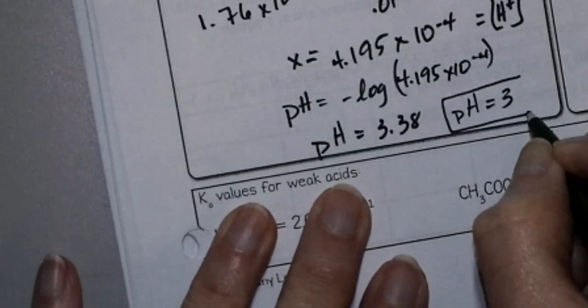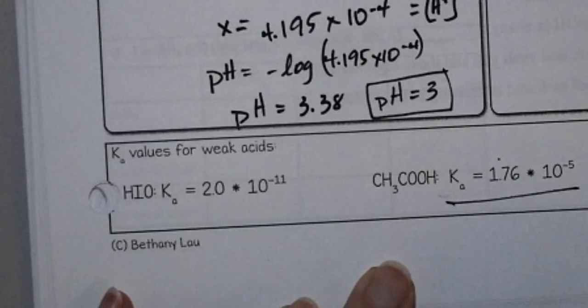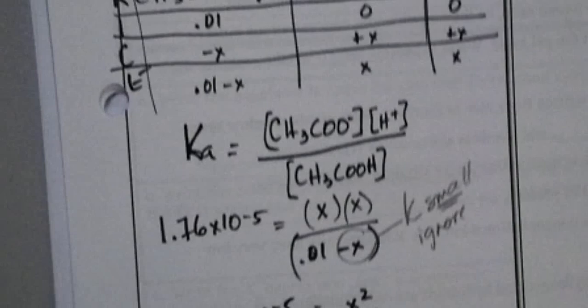Okay, see if you can do the one over here to the side. Find the pH of 0.01 molar HIO solution. Same exact process.